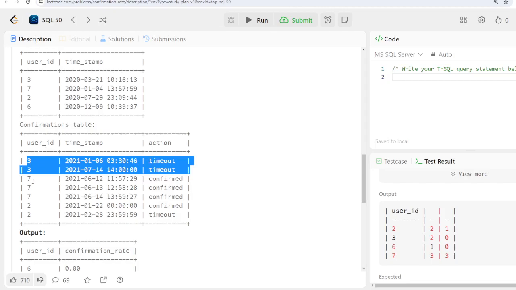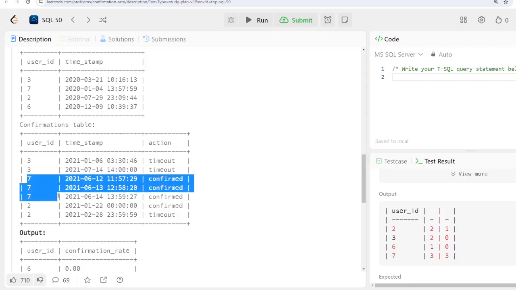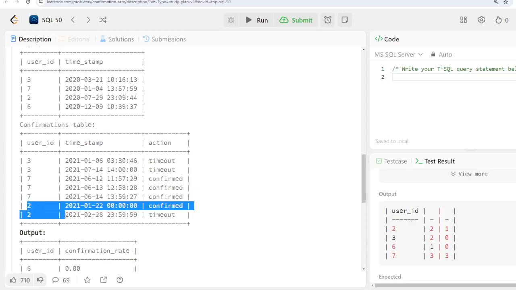Now for example, this user ID, that is 7, he requested a confirmation message 3 times, and every time the action was confirmed. For example, this user ID 2, he requested 2 confirmation message requests, and one was confirmed and one was timeout.